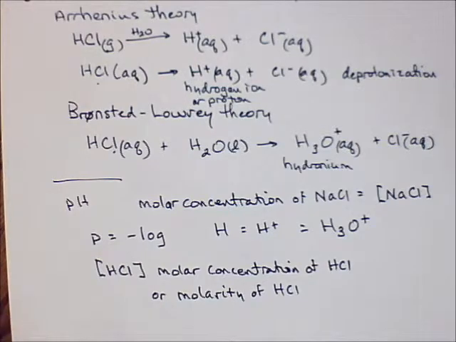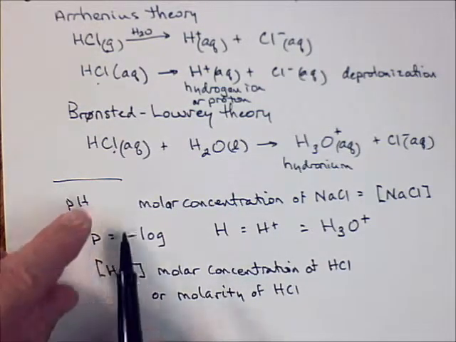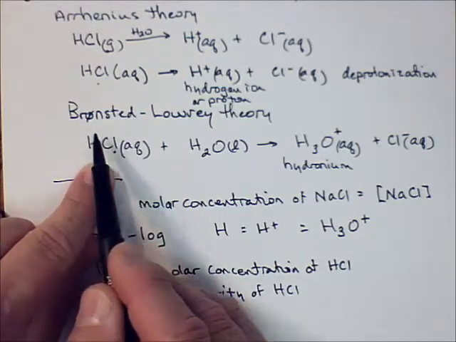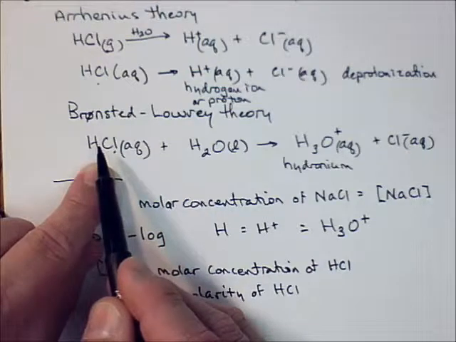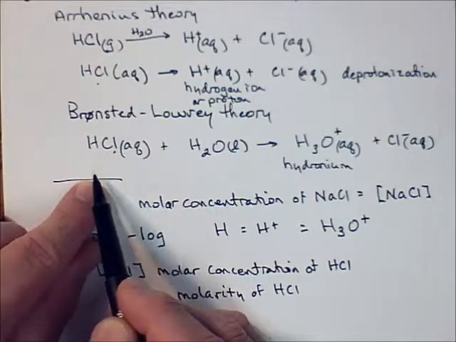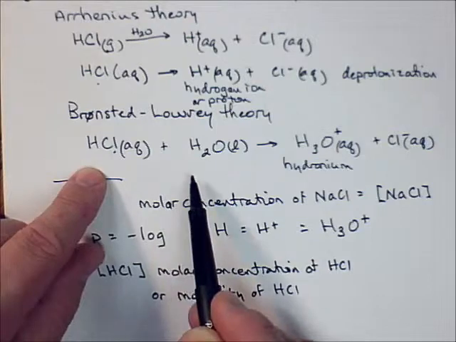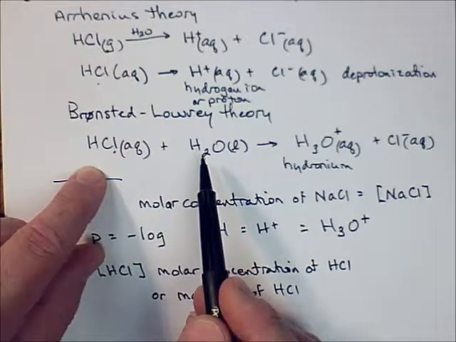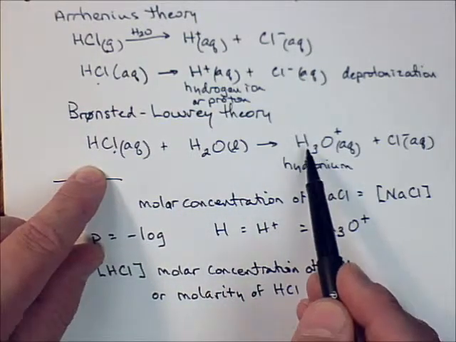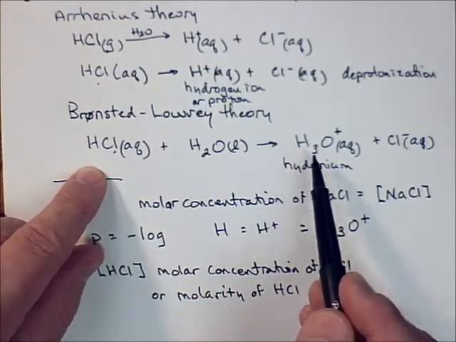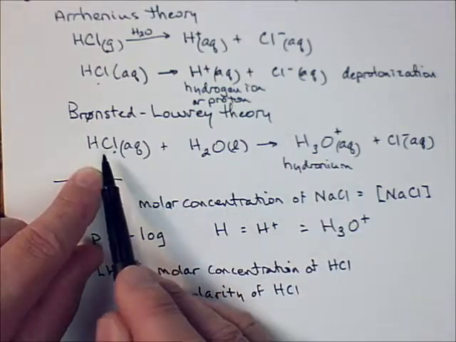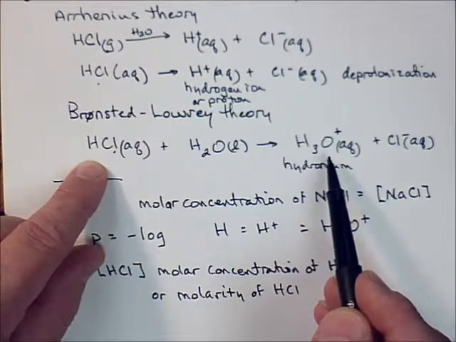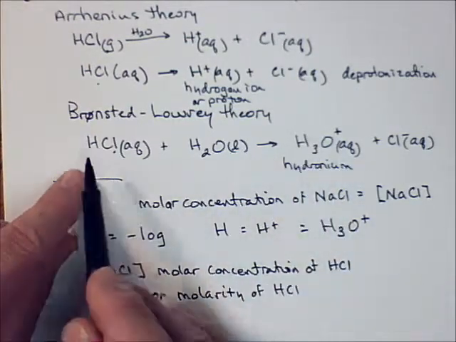If I have 6.02 times 10 to the 23rd of these HCl particles, and one hydrogen from that breaks off and joins up with 6.02 times 10 to the 23rd water molecules, I form 6.02 times 10 to the 23rd particles of hydronium. So 1 mole of this acid will make 1 mole of hydronium.